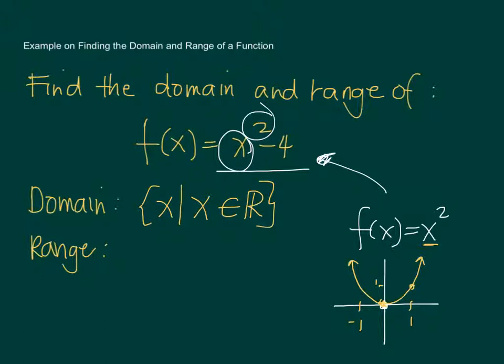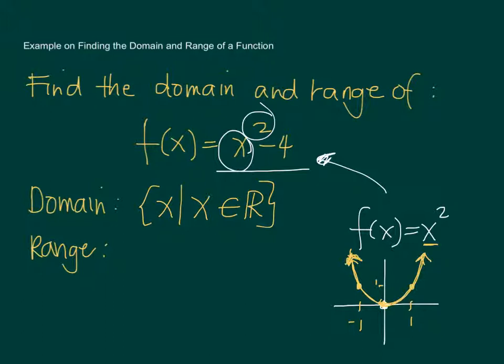In the same way, if I put negative 1 on the x, squaring negative 1 gives positive 1. If I use these three points, including the vertex, and make a parabola, then I have a quick estimate of the graph. So this is the graph of x squared.